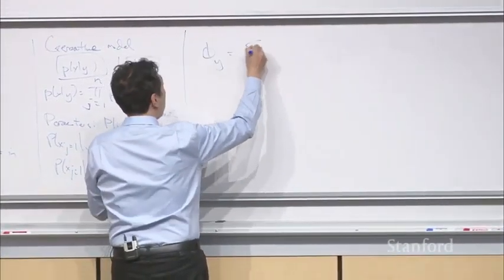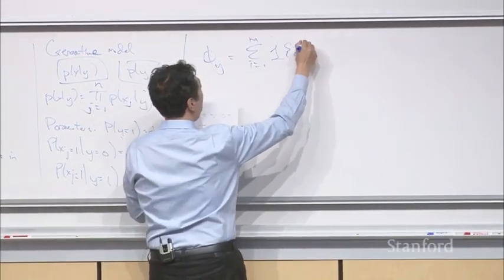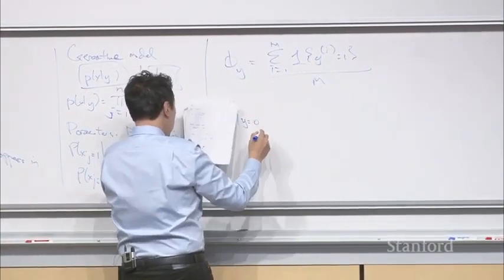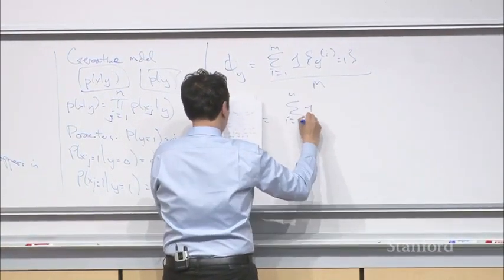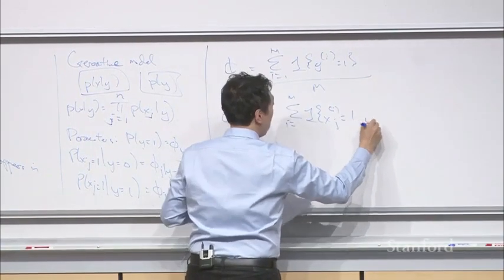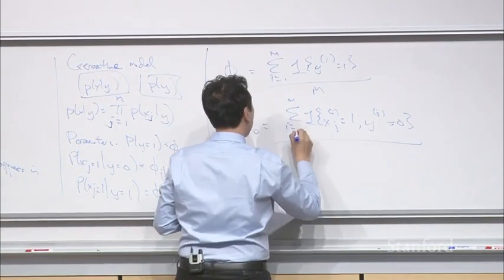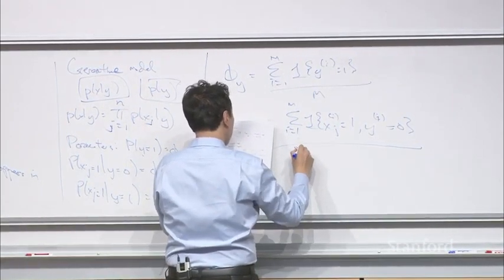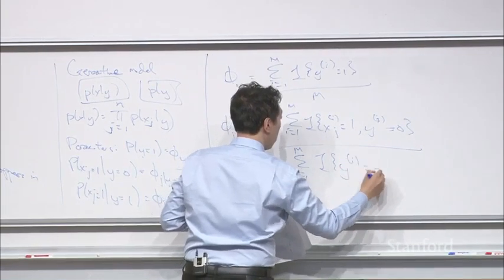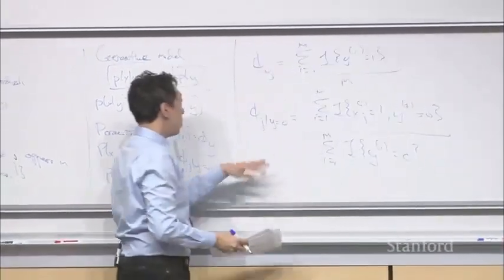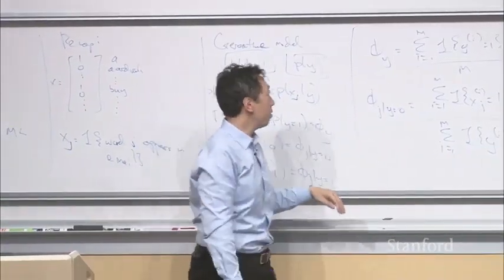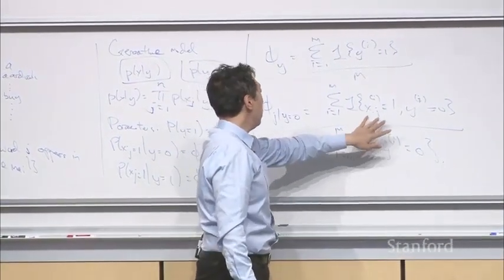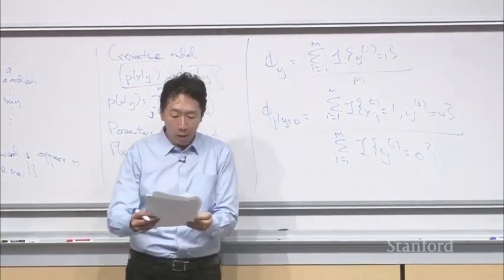Okay? And so if you derive the maximum likelihood estimates, you will find that the maximum likelihood estimate of phi y is this, just the fraction of training examples that were equal to spam. And the maximum likelihood estimate of this, and this is just the indicator function notation way of writing: look at all of your emails with label y equals 0 and count up in what fraction of them did this feature xj appear, did this word xj appear.